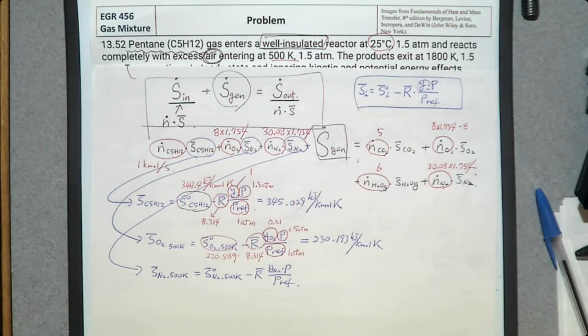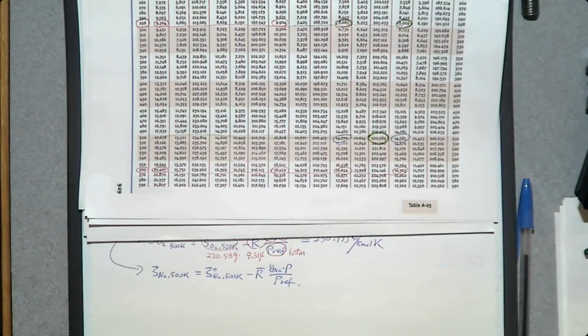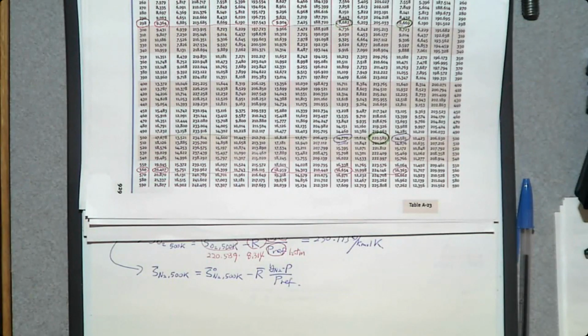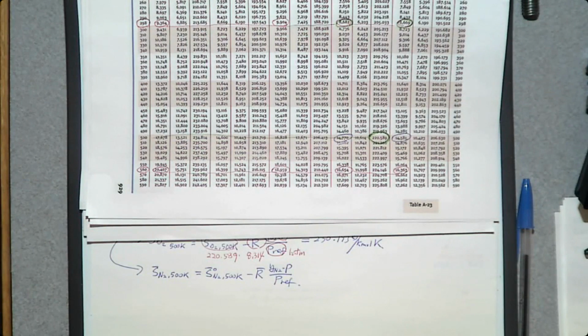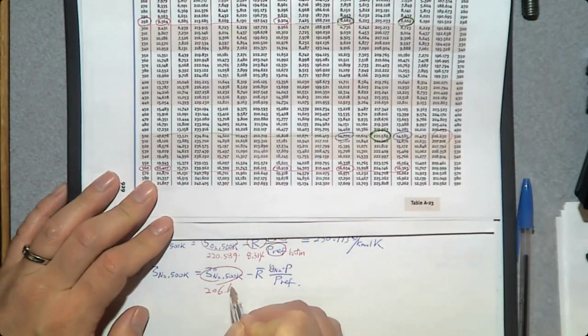Let's talk about absolute entropy. The absolute entropy at 500, where do we find it? The same table, A23. Nitrogen is the last one at 500. Absolute entropy is 206.630.